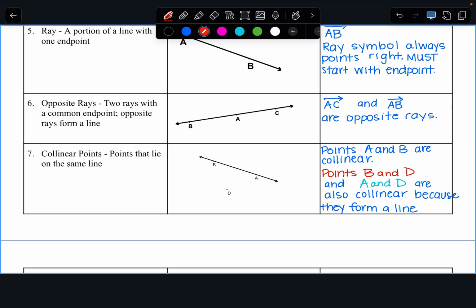And I'll show you. We can form a line between B and D. And we can also form a line between A and D. Because as we said before, any 2 points can form a line.